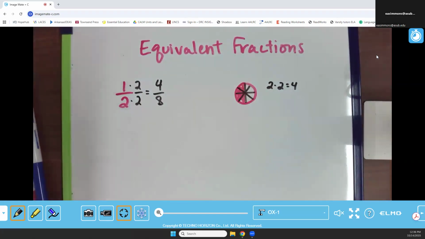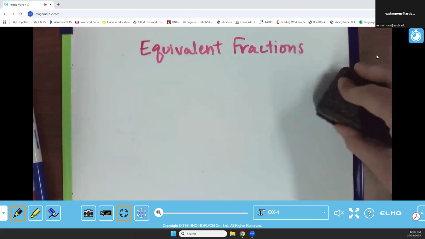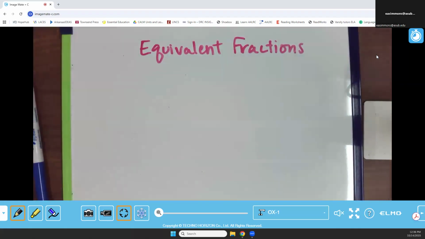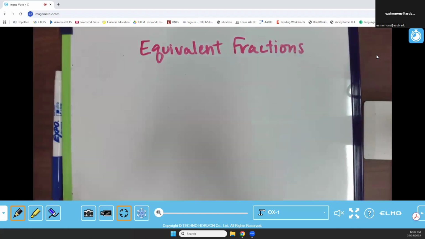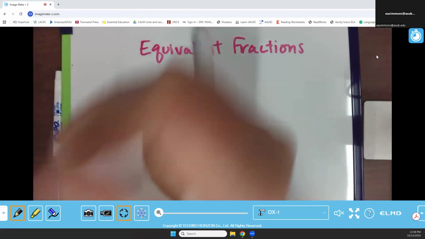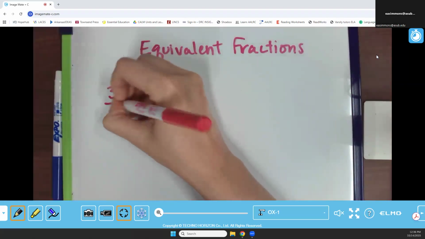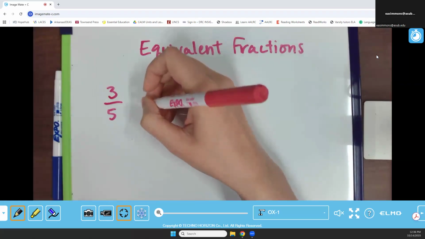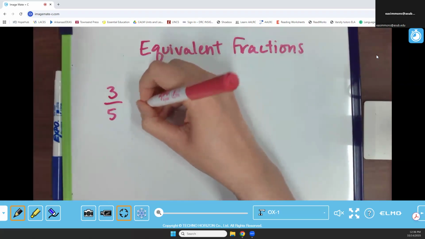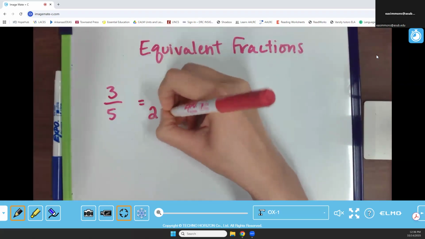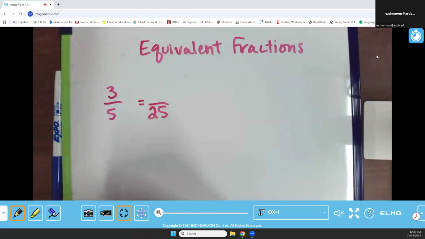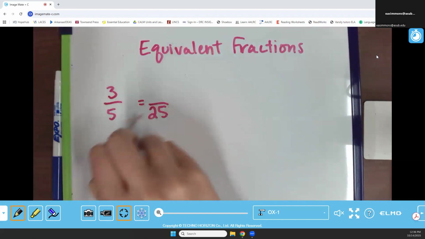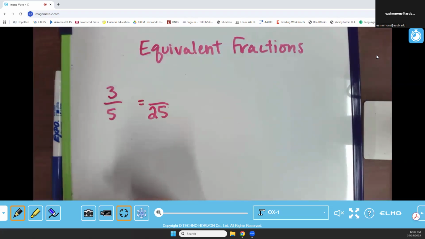I want us to find a couple more equivalent fractions and then we'll call it for today. I've got 3/5 and I want to convert this into something over 25. I want the equivalent fraction to 3/5 that is a number over 25.